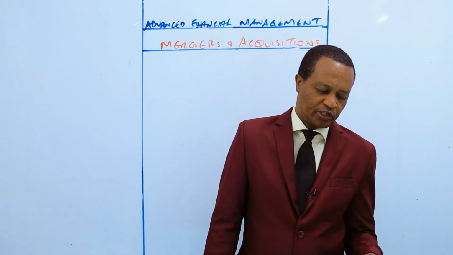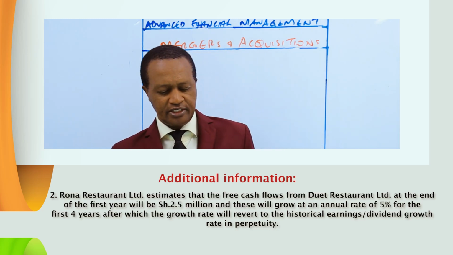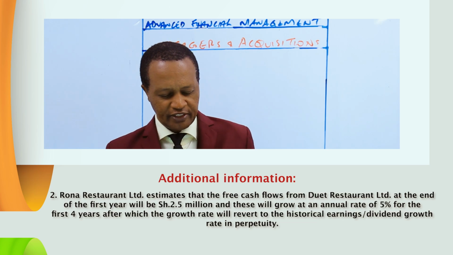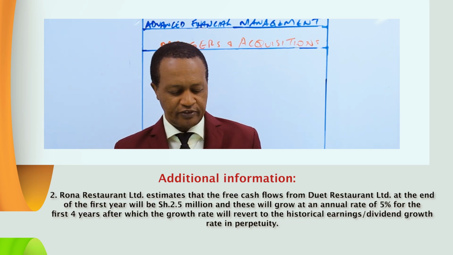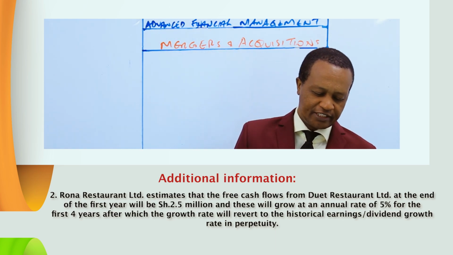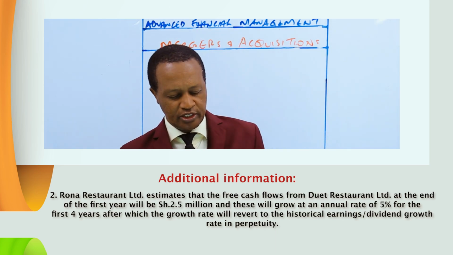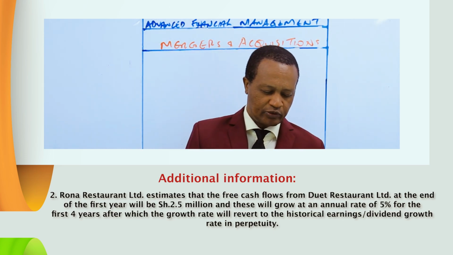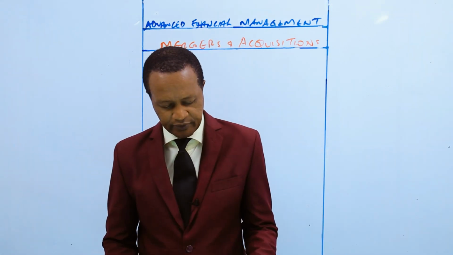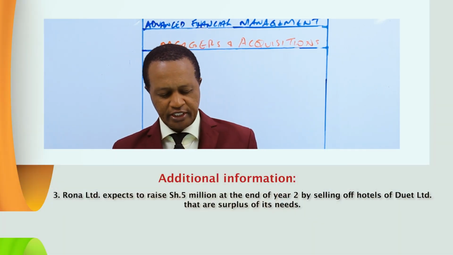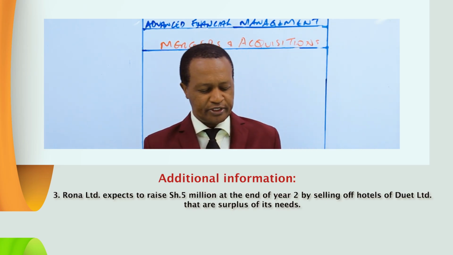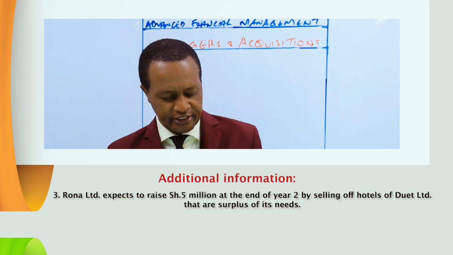Number 2, Rona Limited estimates that the free cash flows from Duet Restaurant Limited at the end of the 5th year will be 2.5 million shillings, and this will grow at an annual rate of 5% for the first 4 years, after which the growth rate will revert to the historical earnings dividend growth rate in perpetuity. 3. Rona Limited expects to raise 5 million at the end of year 2 by selling off hotels of Duet Limited that are surplus to its needs.